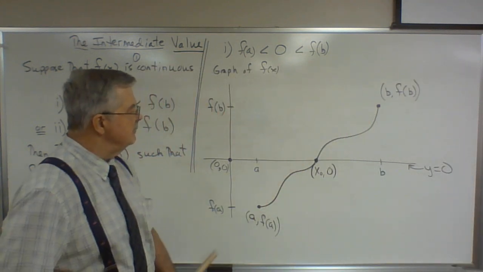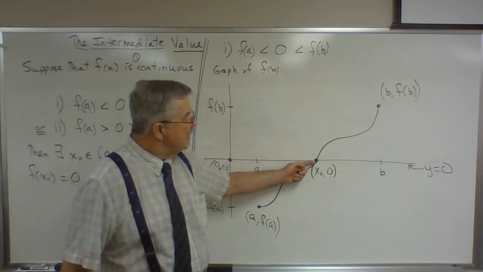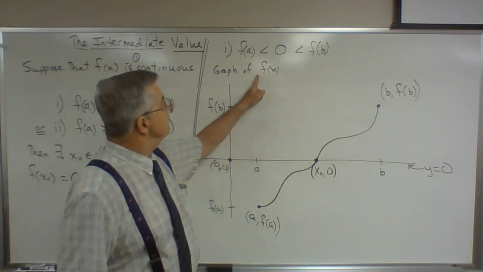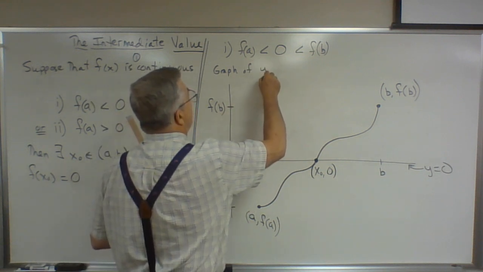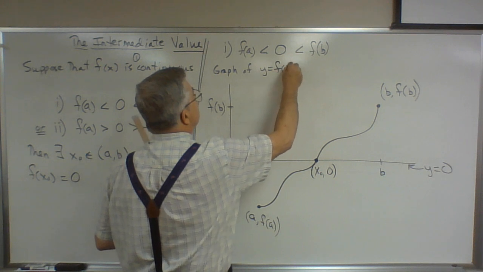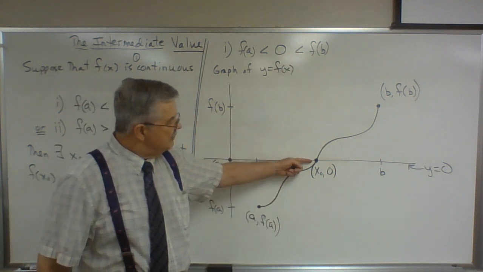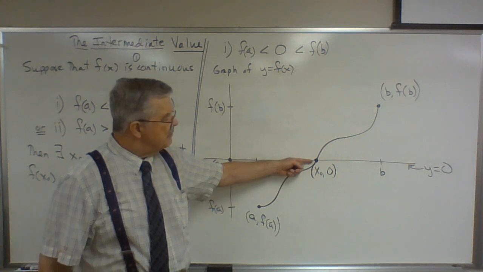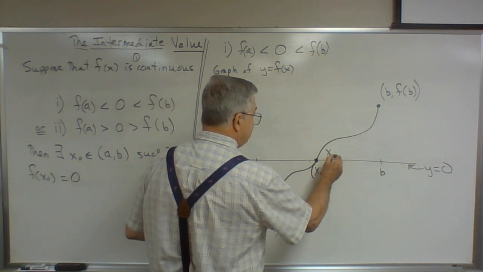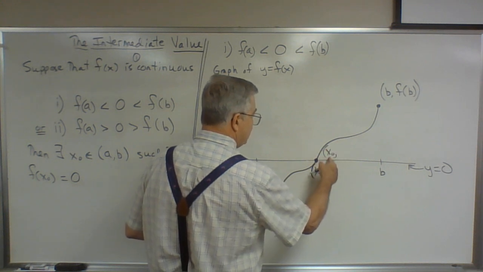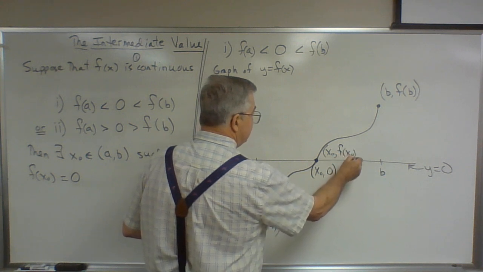Well, there's something else we have to consider. This point is also on the graph of y equals f of x. So since this point is also on the graph of y equals f of x, the x-coordinate is x naught. The y-coordinate is f of x naught.